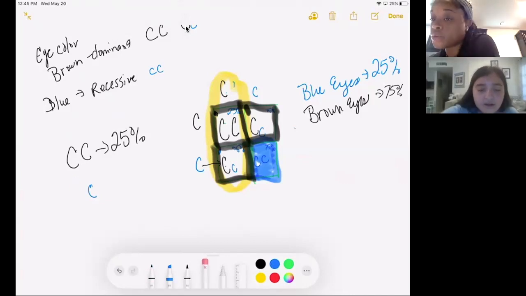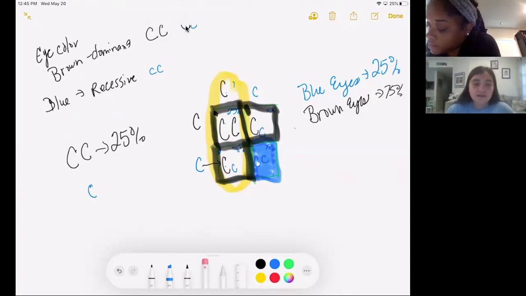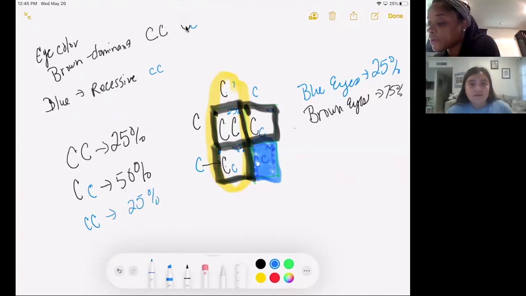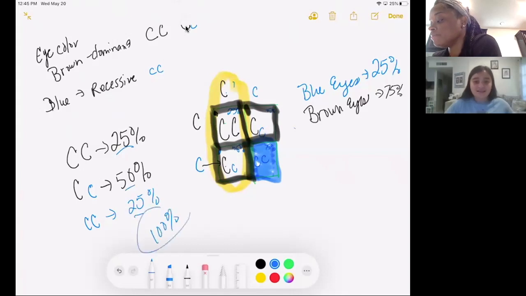Heterozygous is capital C, lowercase c, 50%. Good. Great job. And then my probability of being homozygous recessive is what? 25%. Good, 25%. Let's make sure that we're correct. 25 plus 50 is 75, plus another 25 is 100%. We have 100% altogether. Good.